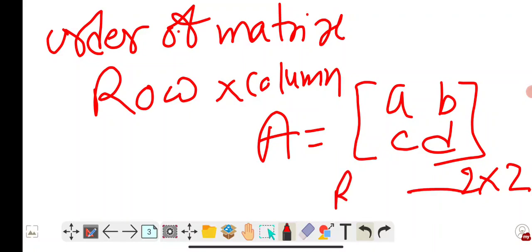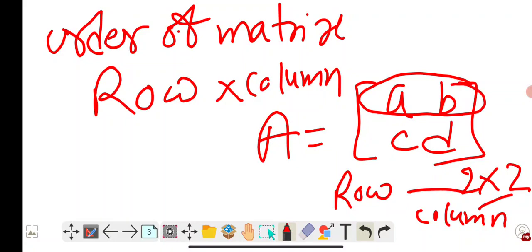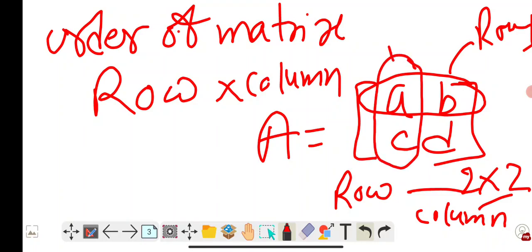This is row. This is column. Here, the horizontal one is known as rows. The vertical one is known as columns.